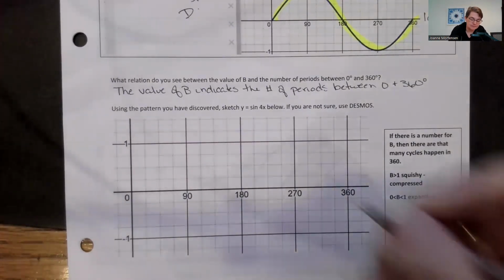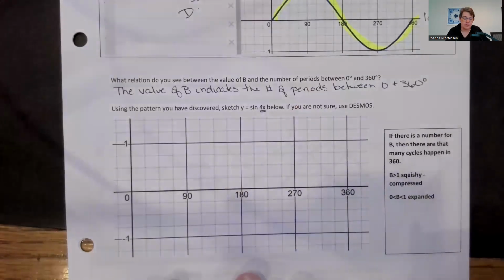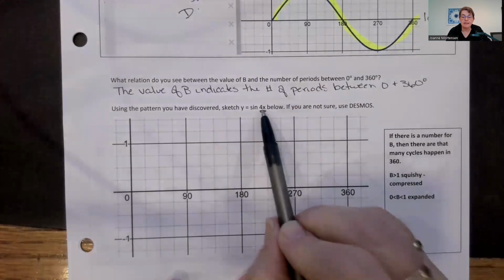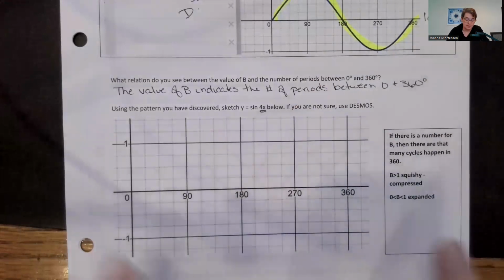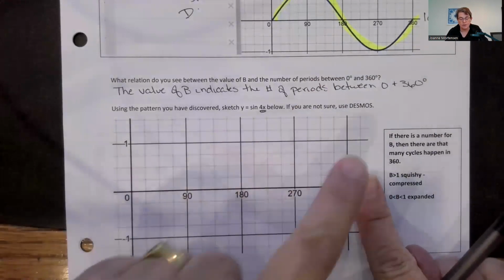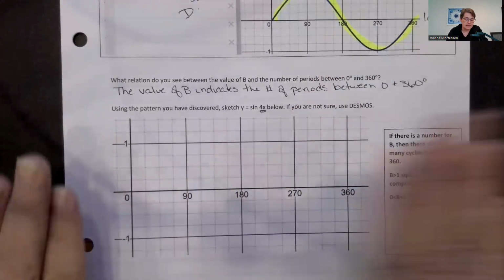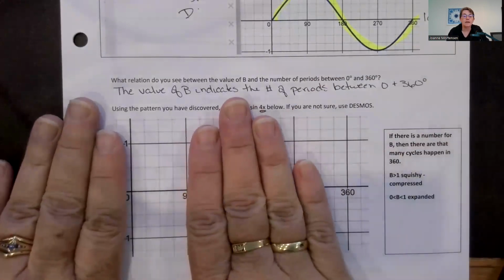Okay, so I'm going to hope that you pause the video. You got this figured out. So this tells me I need to have 4 repeats between here and here. Now, conveniently, 1, 2, 3, 4. There's 4 dark boxes. Okay. That means I need a complete cycle in that much room.